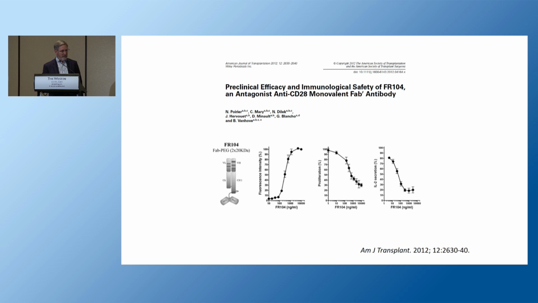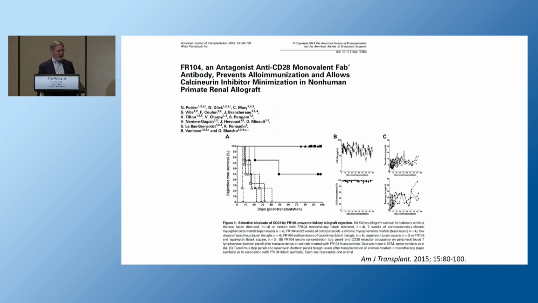This is a study from about 10 or so years ago looking at FR104, which is a CD28 specific Fab, which was shown in this paper not to be stimulatory, and the non-human primate work that came from this showed that it was actually quite effective in preventing rejection.